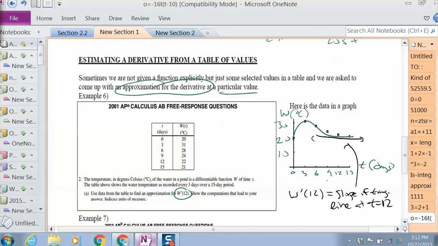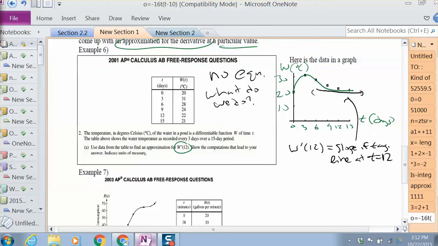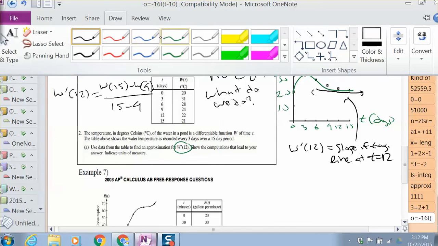Now, we don't have sophisticated measurement tools to find the slope of that black line, and there's no equation. So what do we do? Well, here's what we do. We're going to say W prime of 12 is going to equal W(15) minus W(9) over 15 minus 9. Why do you think I'm going to say that?